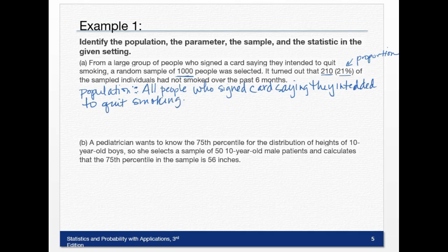That is the population we're trying to predict about. We want to know about all of them, but we know we're not going to get a hold of every single one of them. So that's our population.